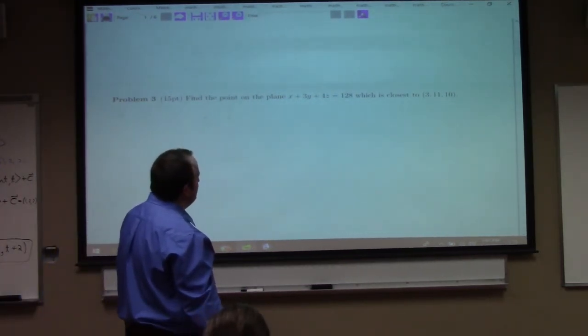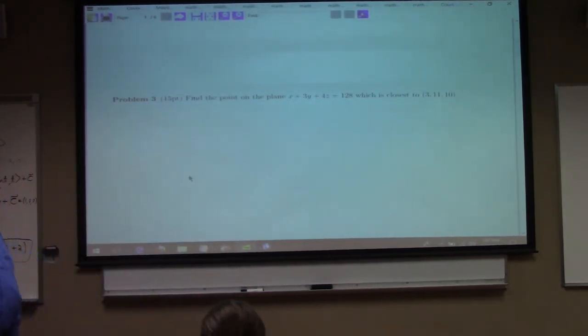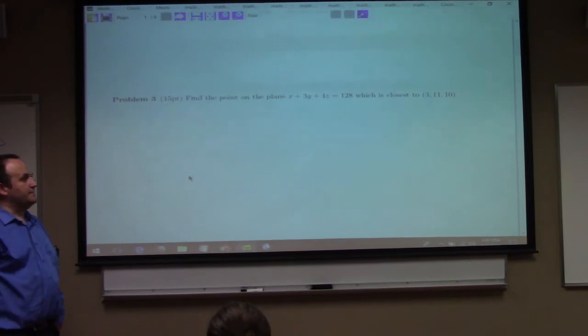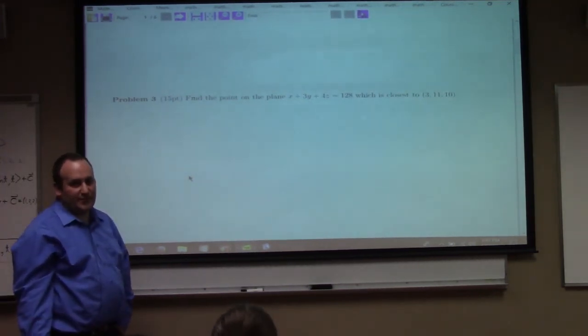Find the point on the plane x plus 3y plus 4z equal to 128, which is closest to 3, 11, 10. How should you solve that problem? I would find the normal line, which goes through the point 3, 11, 10, and then find where that normal line intersects the plane.